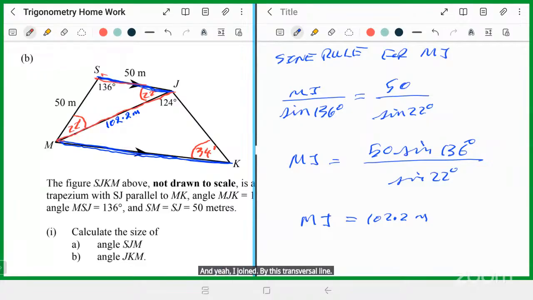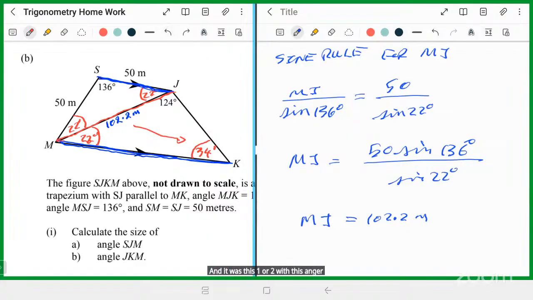The transversal continuing in the same direction gives you alternate angles. So since this angle is 22, then this angle here is also 22. That's alternate angles.